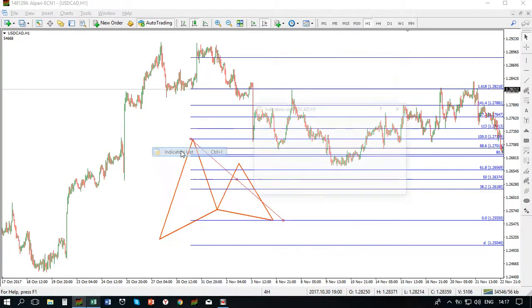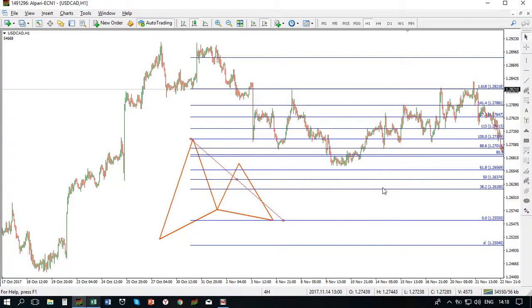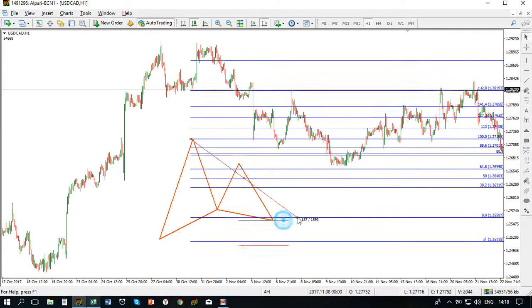Let me delete some of those indicators. I don't need to have so many running because we already did the work. Okay, and what is the worst case scenario?